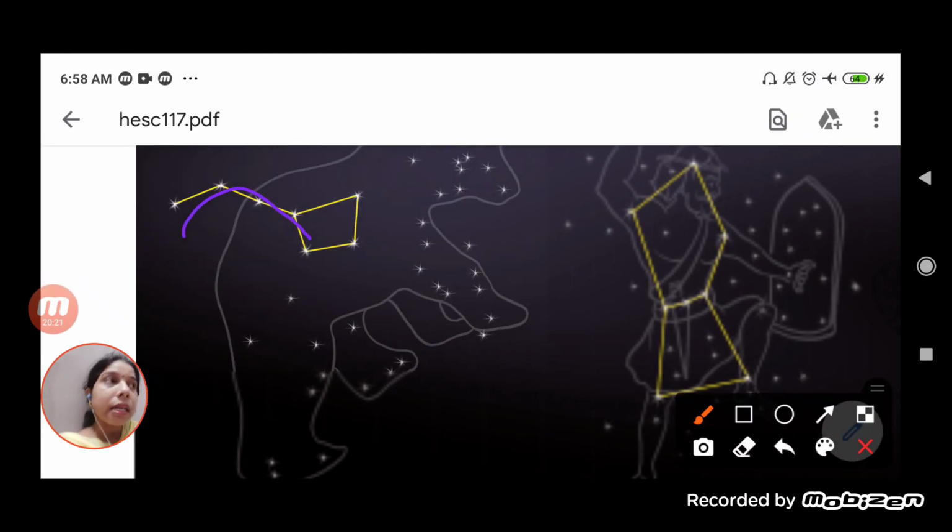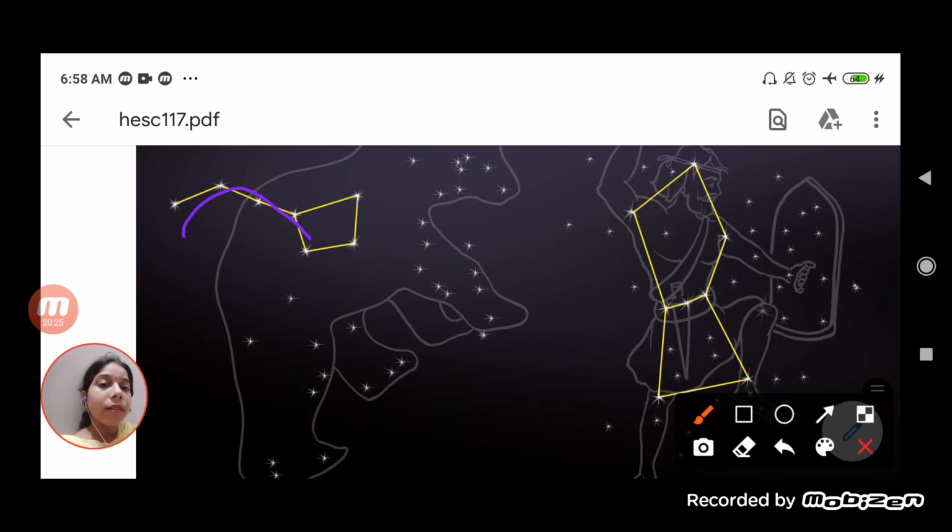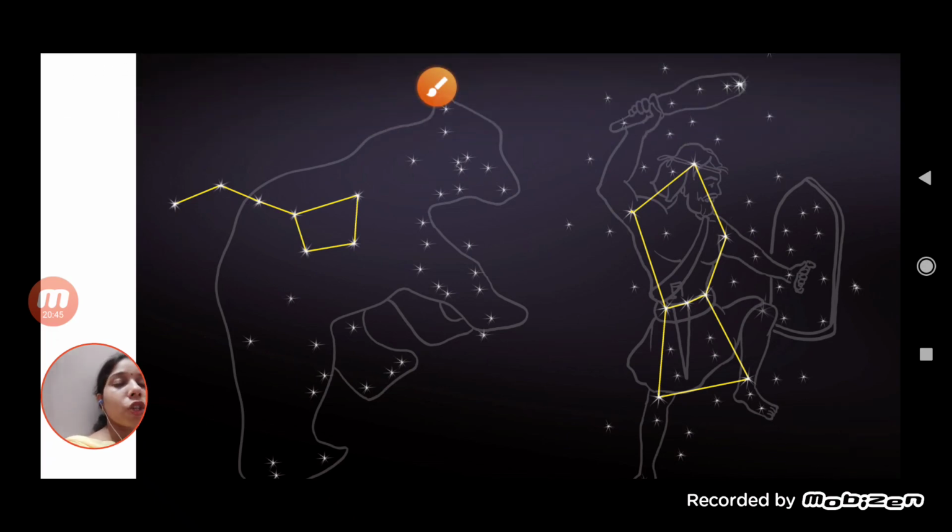So 3 stars help in making the handle of the spoon, and the 4 stars connected to it appear to be the head portion of the spoon. So Ursa Major appears like a great bear, or like a spoon, student. This is the first constellation, Ursa Major.